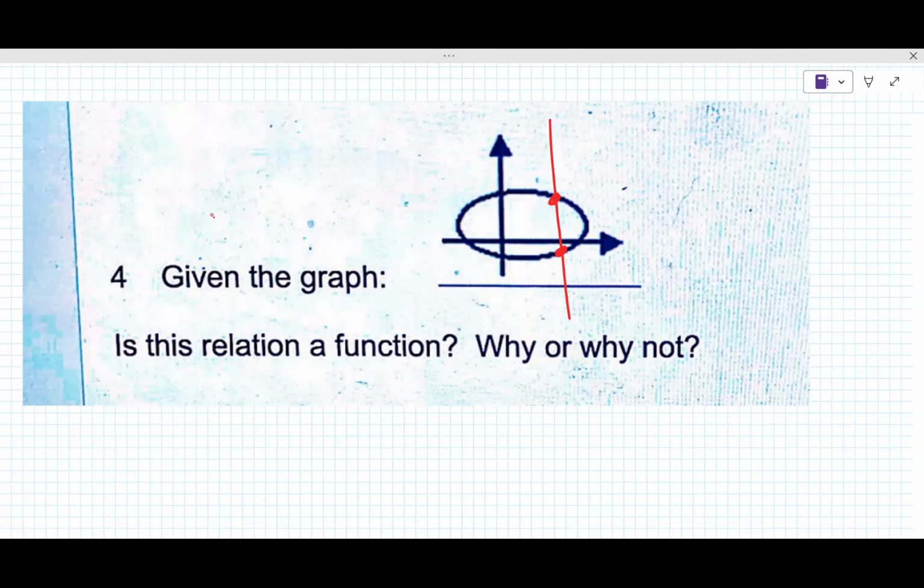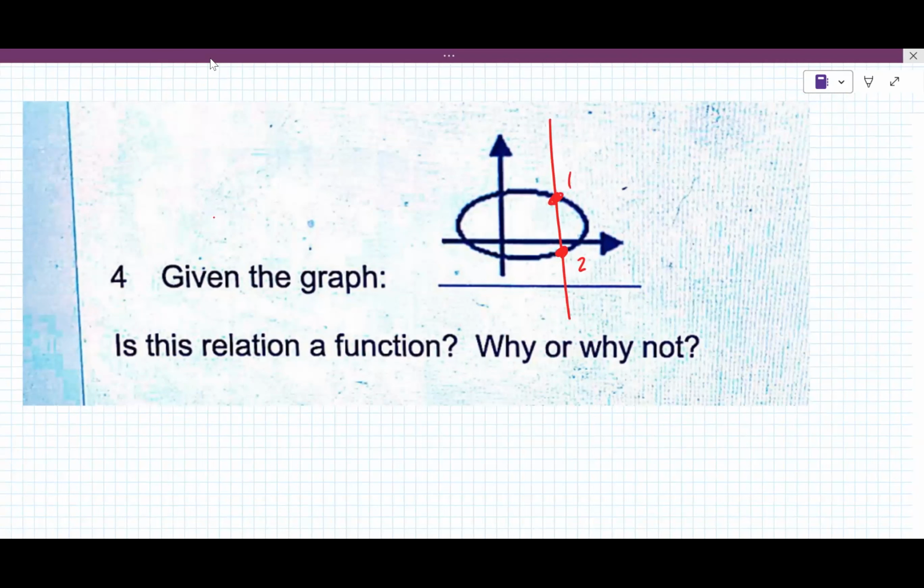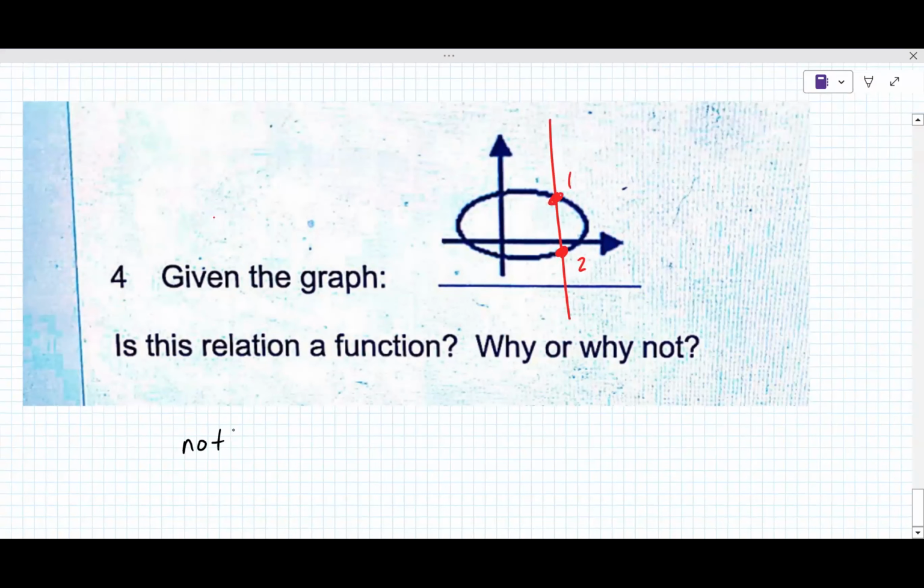Twice. So this does not pass. This is not a function. And then some students like to shorten the vertical line test to VLT.